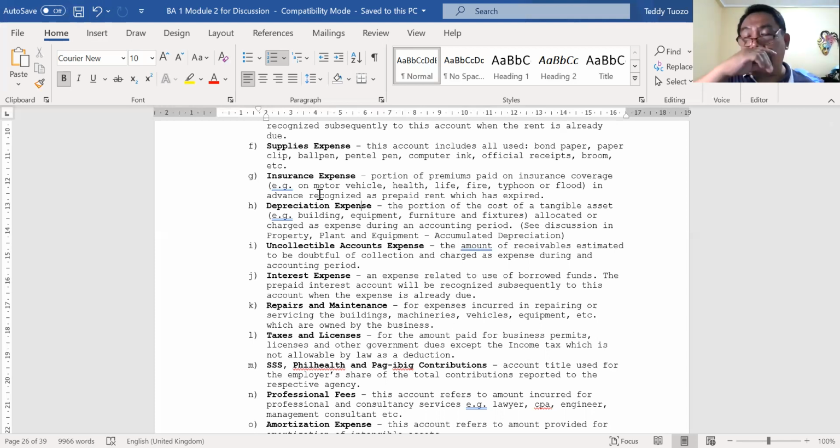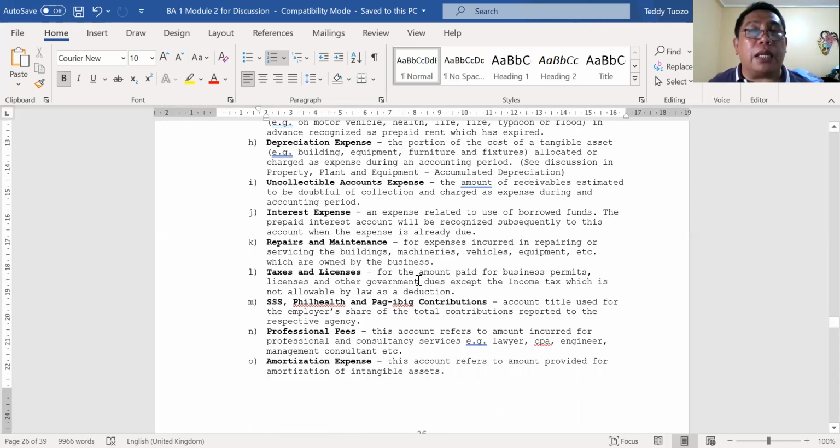Land is not depreciable, or its value will not reduce over the time of usage, but instead it will appreciate, so it is not classified as a depreciable asset. Next, you have the uncollectible accounts expense.